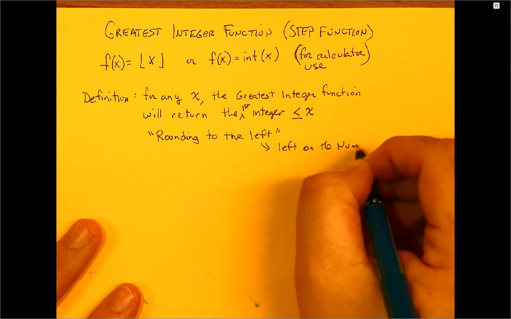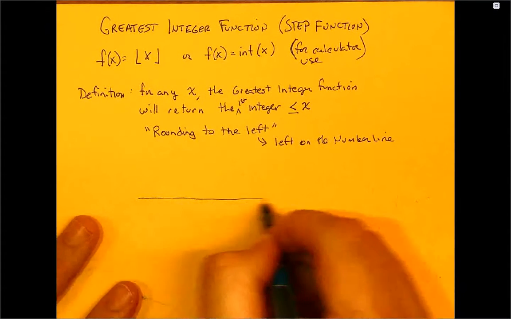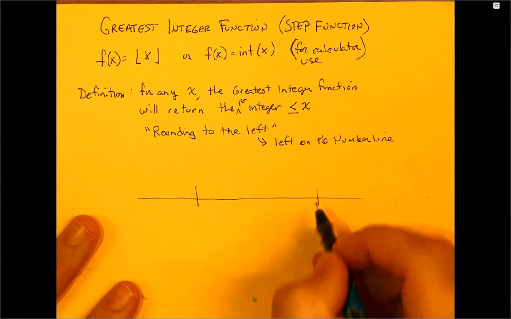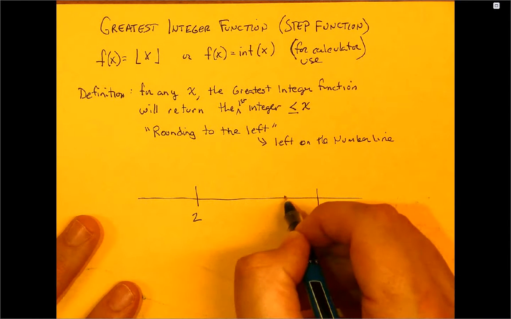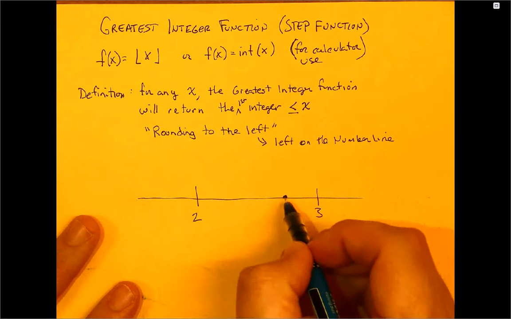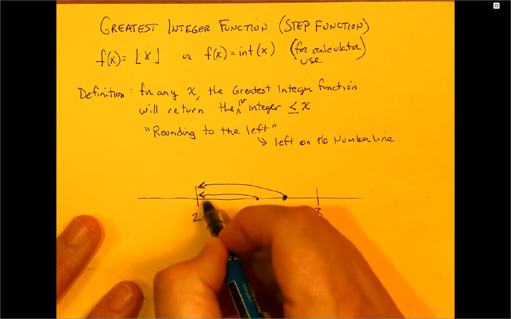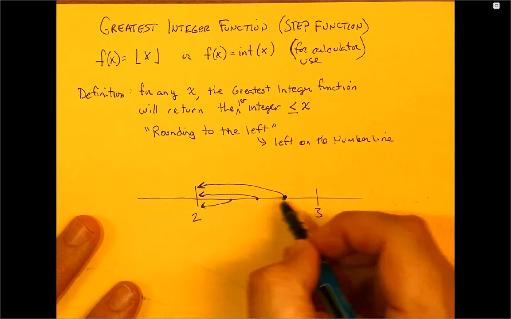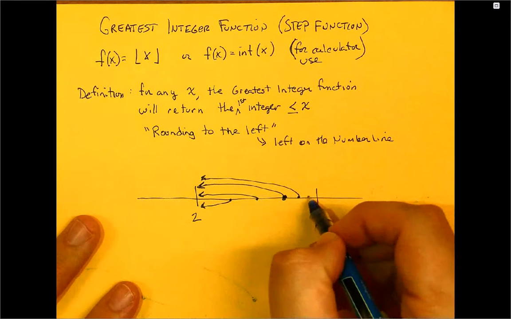So if you're on the number line and you're between two numbers, let's say 2 and 3, and that's your value, it's going to round down to 2. If you're here, it's going to round down to 2. Any value is just going to keep on going to 2.